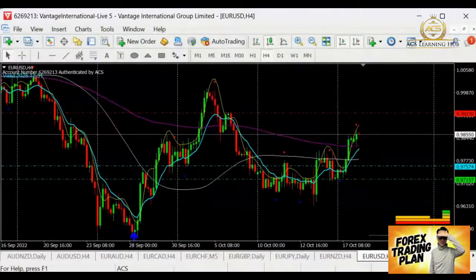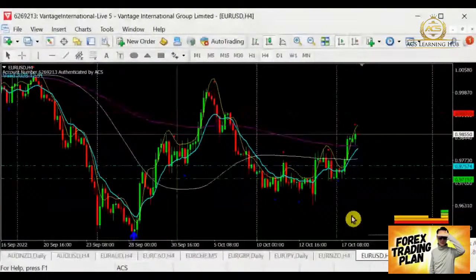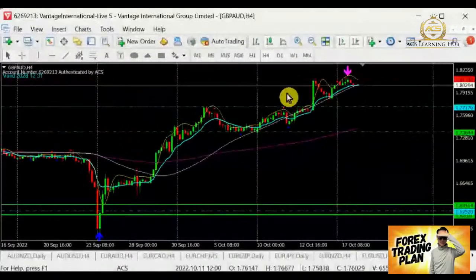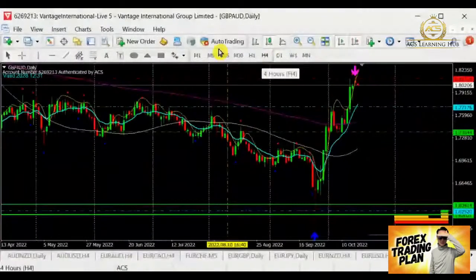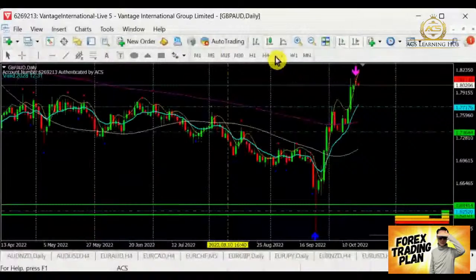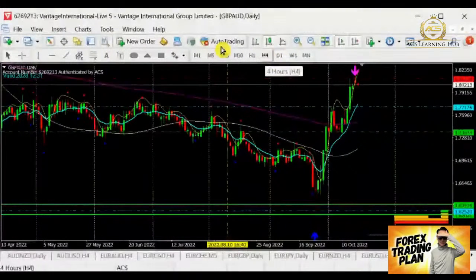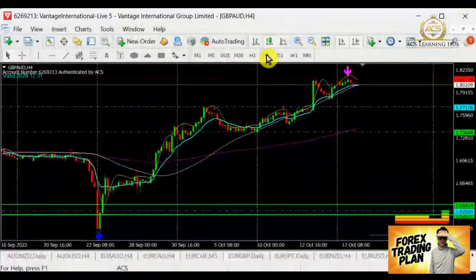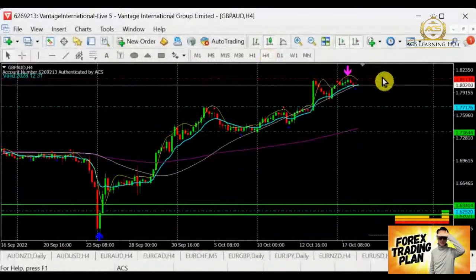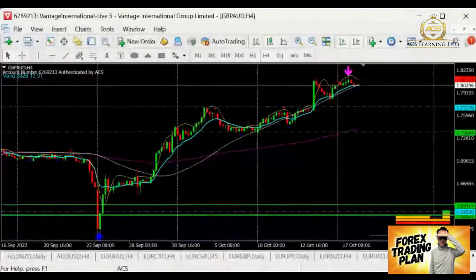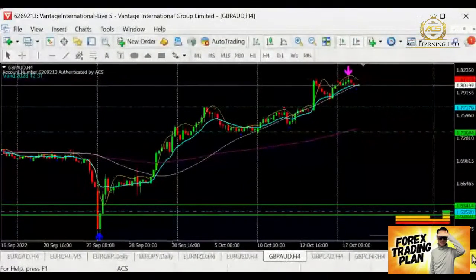Now Pound Aussie. It looks like we are in the bull. Tentatively, looking at this Pound Aussie, I would suggest a buy, but buyers have to take note of the risk above. This is not really a good time for a buy, and neither for selling.